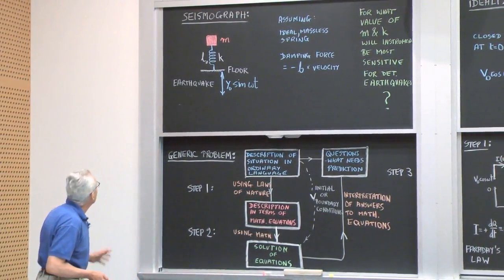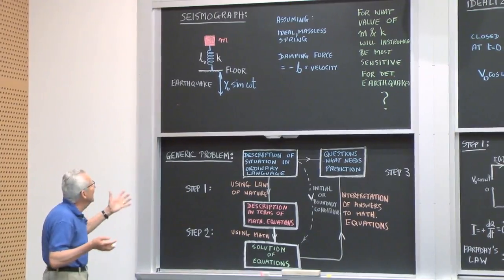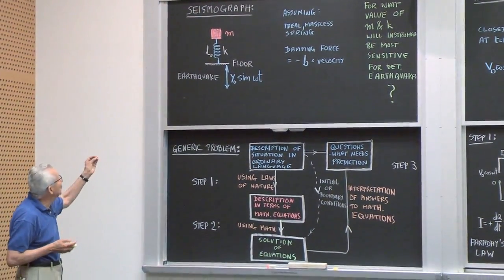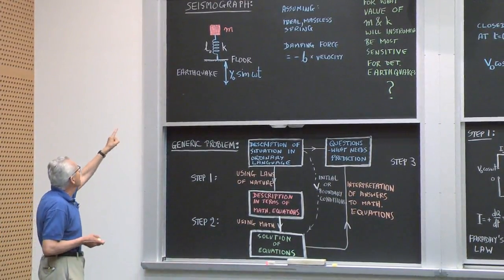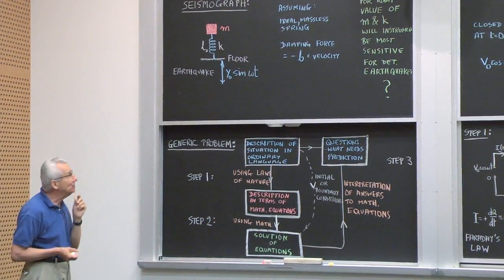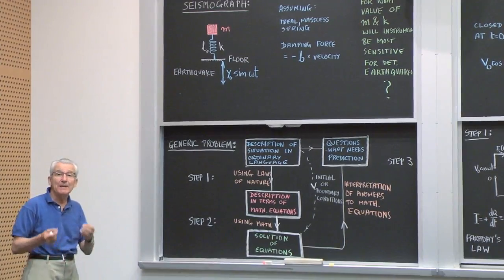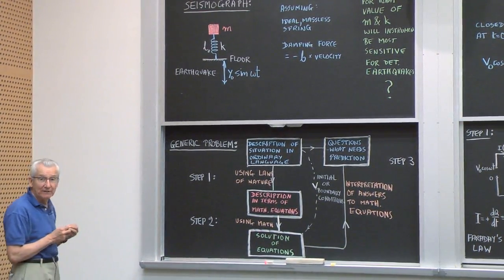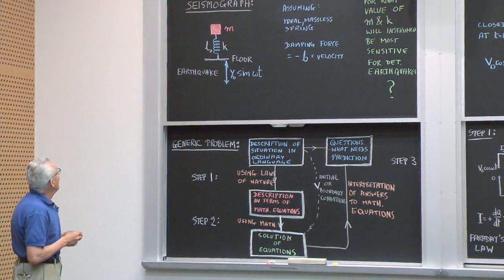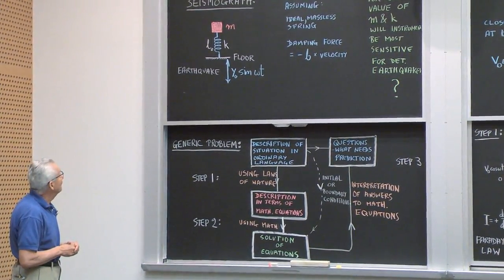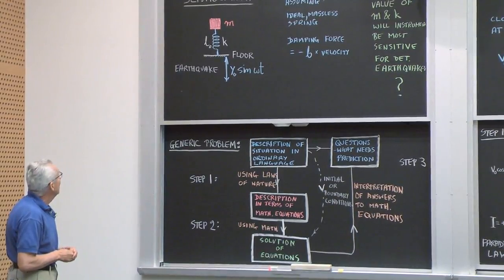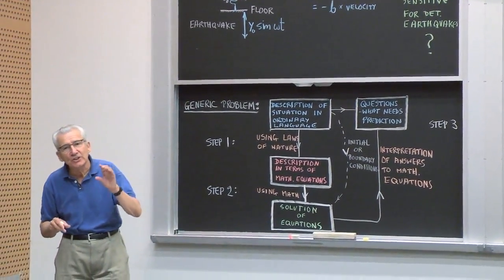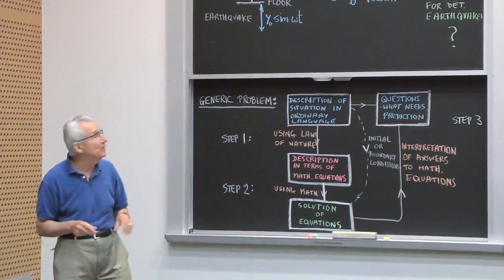So I'm going to do an idealized seismograph here. I will model it by a mass m sitting on top of a massless ideal spring which is attached to the floor. Okay? I will idealize the earthquake by saying it's oscillating with a single frequency, with a single amplitude.